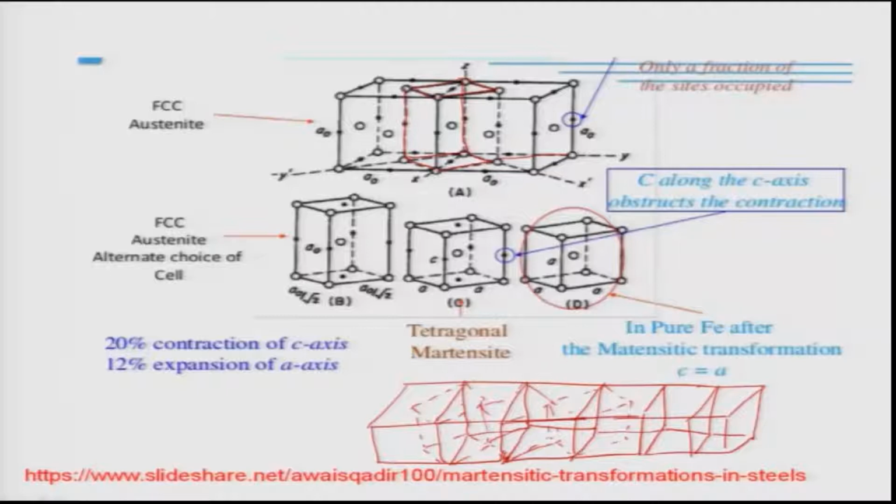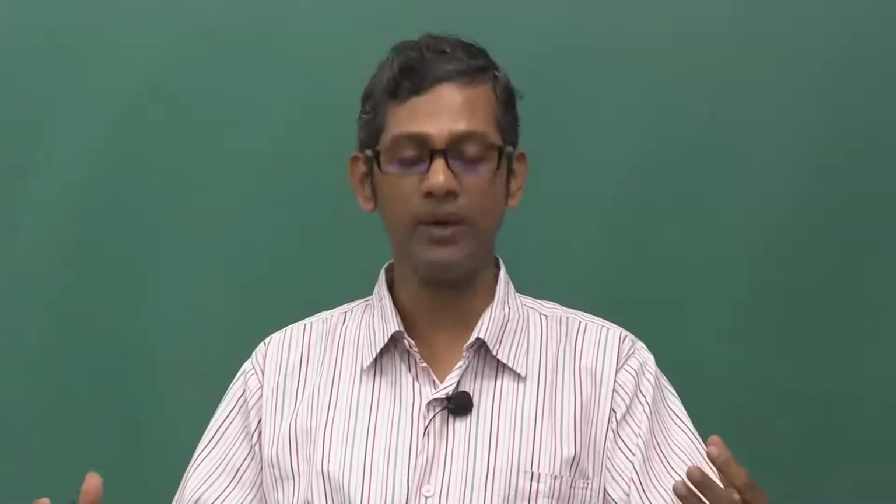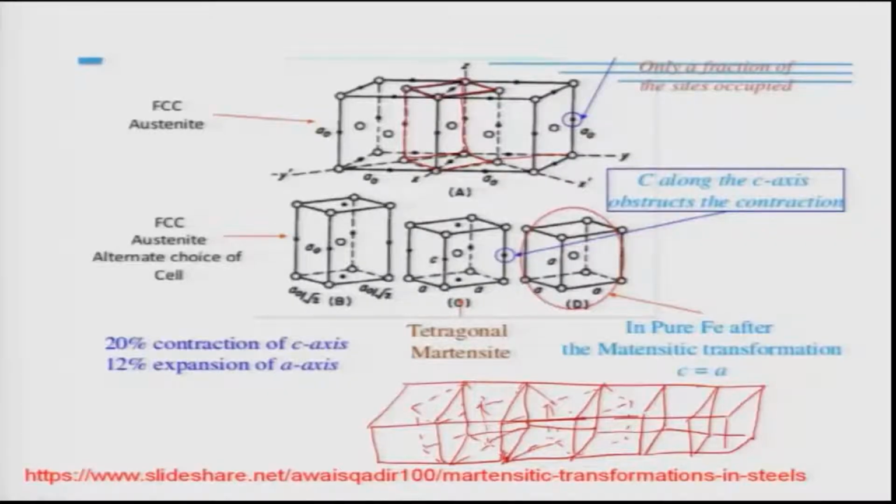That is how the transformation happens, and it has been found that the transformation happens at the speed of sound in the steel, because it requires only a little distortion of the unit cell. That is what is required. As you clearly see, this is just like a bend created from the originally aligned FCC unit cell.